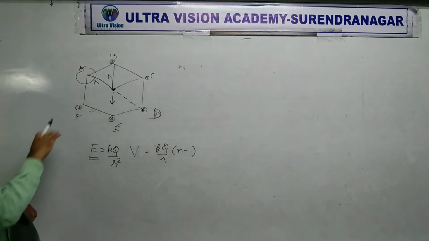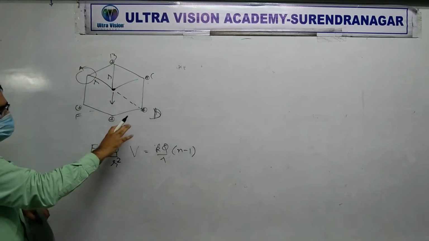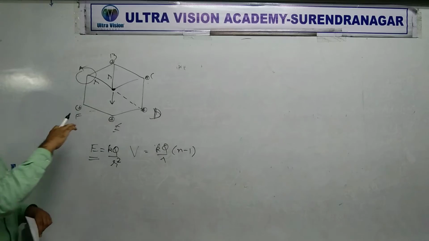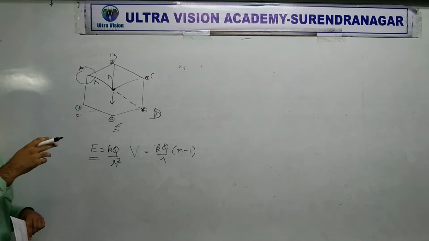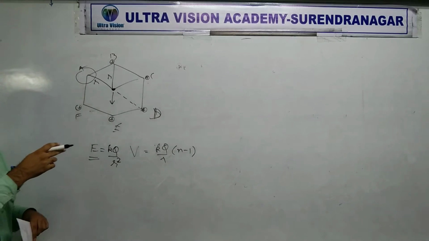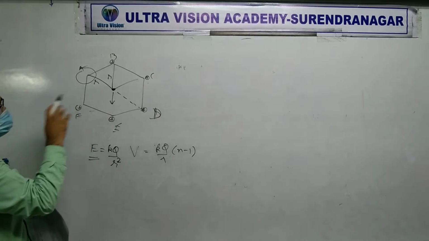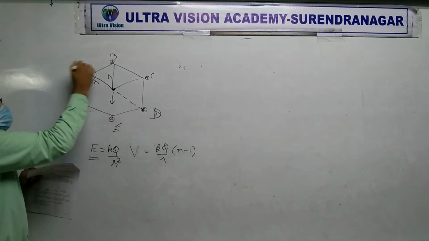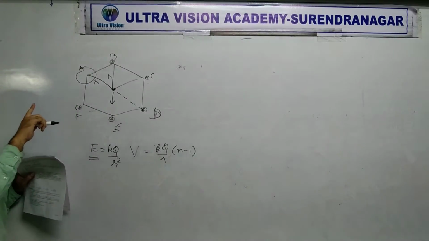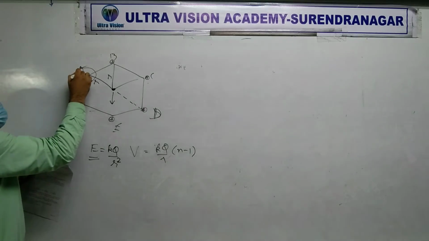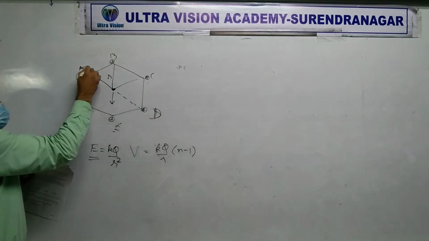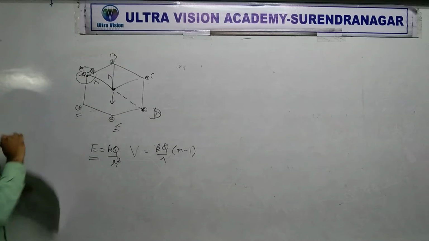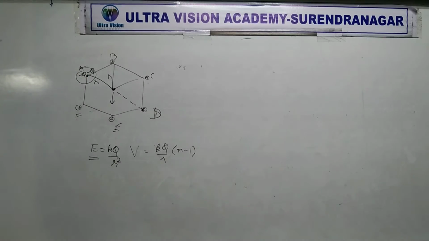This is a method that is very easy to demonstrate for even number, but for odd you will have a little bit of a problem. But in general, there is another method. See, this empty corner here, I can say there is a plus q charge and there is a minus q charge also over here. Then how much is the total charge? 0.